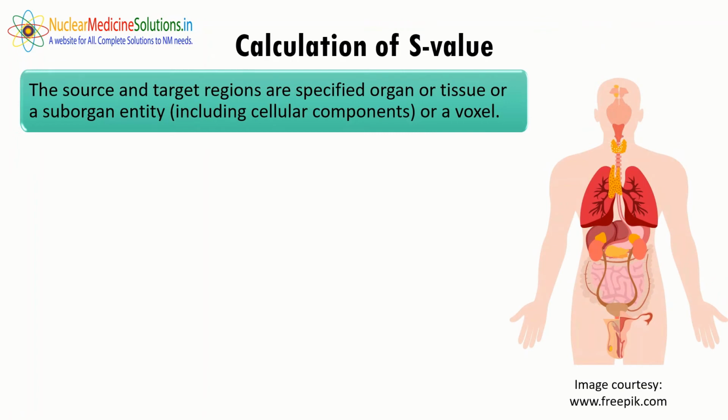So let's see how this S value is calculated. The source and the target regions are a specified organ or tissue or suborgan entity including cellular compartments or a voxel.